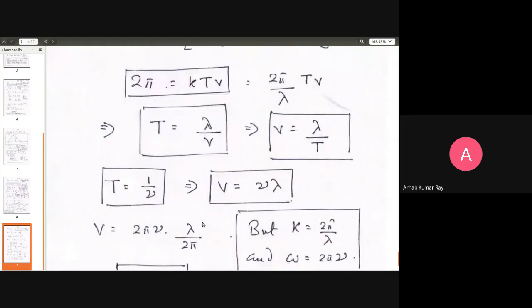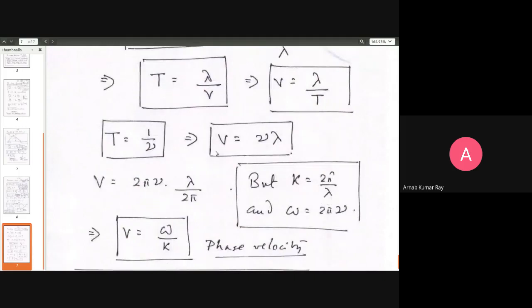So in the case of light, an electromagnetic wave, V is equal to C. And C being a universal constant, it is the same everywhere in all frames of reference. The speed of light does not change. Anywhere in the universe, it has the same value. So as soon as light is propagating, C will be equal to nu into lambda.